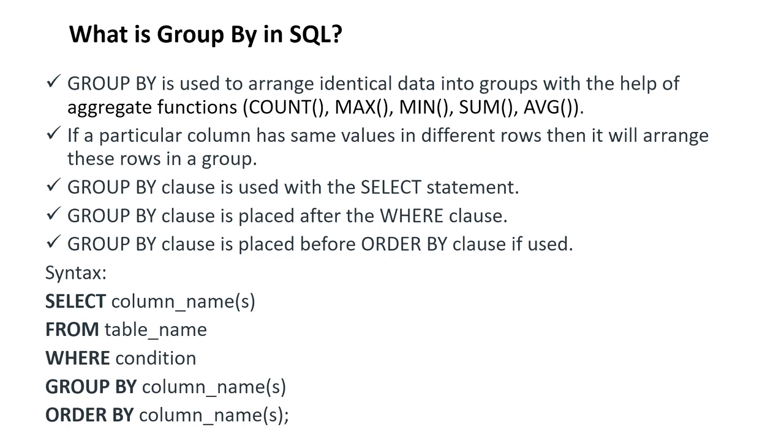Group by clause is placed after the where clause. Group by clause is placed before the order by clause if used. The syntax of the group by clause is: select column names from table where condition group by column name order by column name.